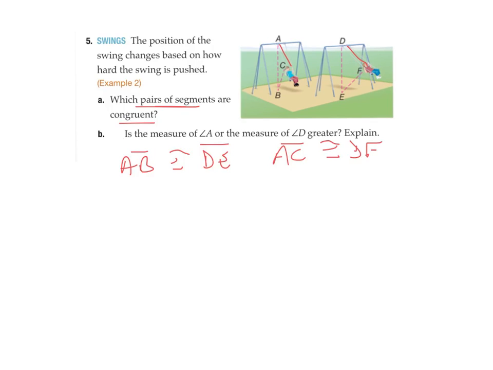Now let's have a look at B. Is the measure of A or the measure of D greater? Obviously in the second one here, this child's swinging out much further, so this angle will be greater than this. So you can say that angle D is greater than angle A.